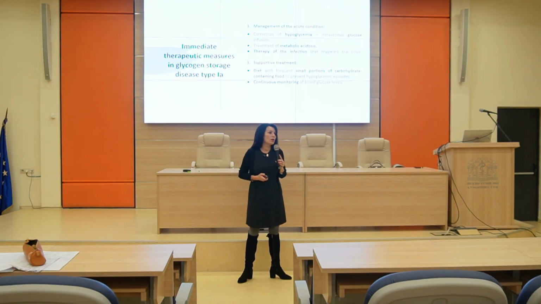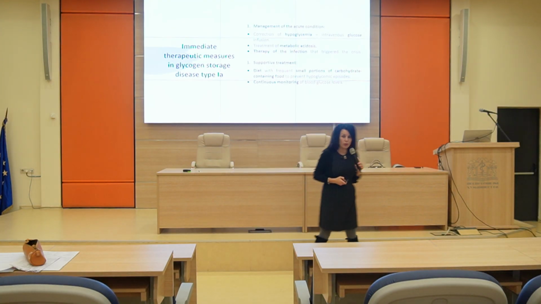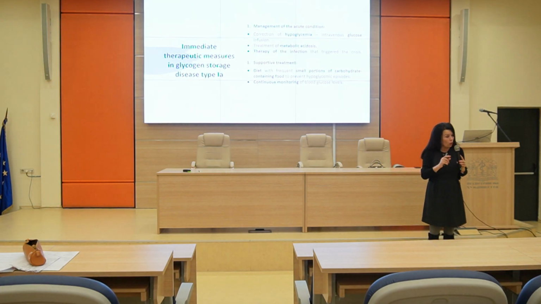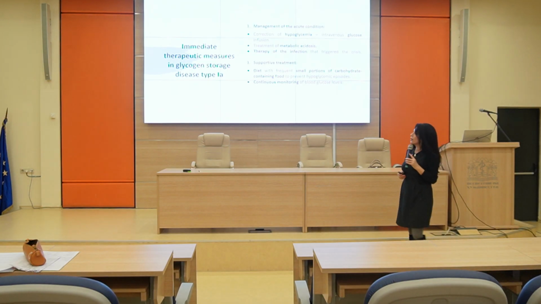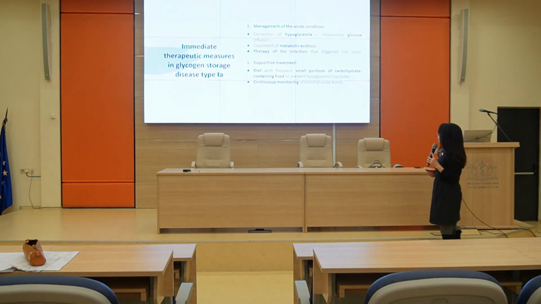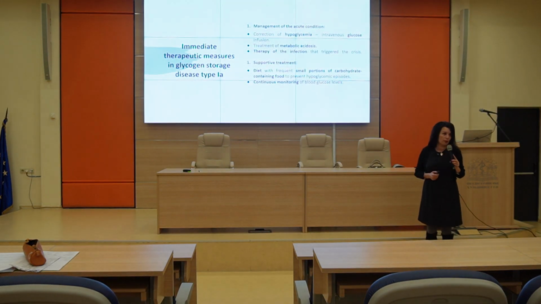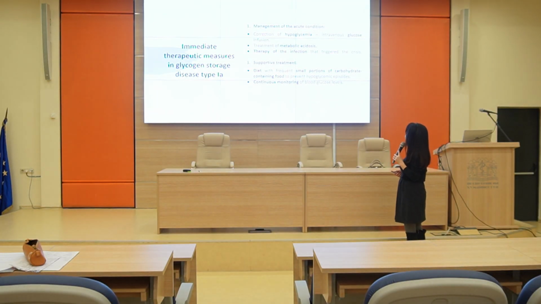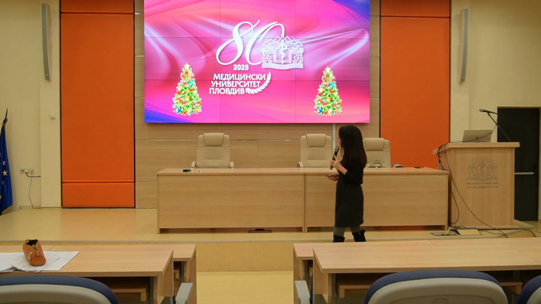With low carbohydrates, with low but frequent portions of carbohydrates. Yes, frequent small portions of carbohydrate-containing food to prevent hypoglycemia. Yes, and continuous monitoring of blood glucose levels. And that's all from the first lecture today, students. Thank you.